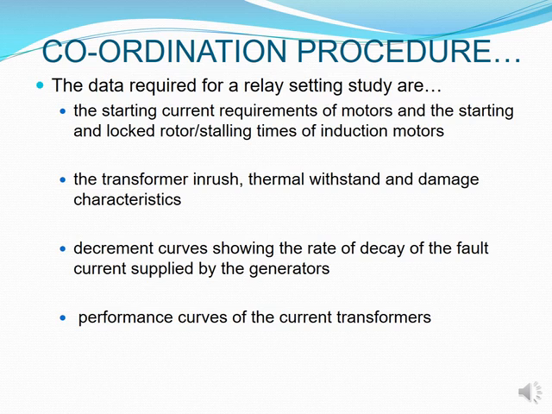We now need also the decrement curves showing the rate of decay of our fault current supplied by our generators so that we know exactly what the fault currents are that those generators can be able to take. Then we have our performance curves of our CTs so that we know if there are any errors that we need to be able to compensate for.